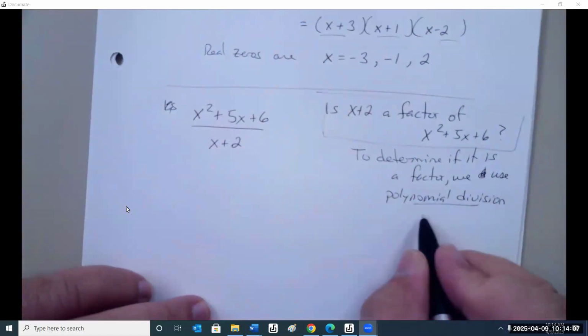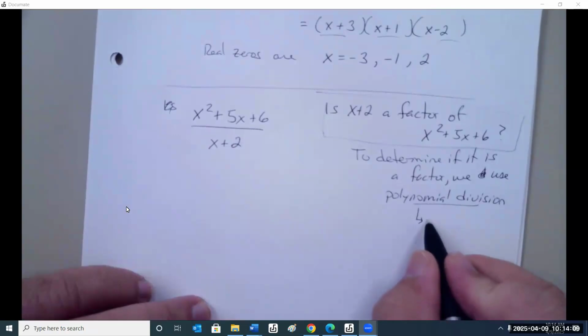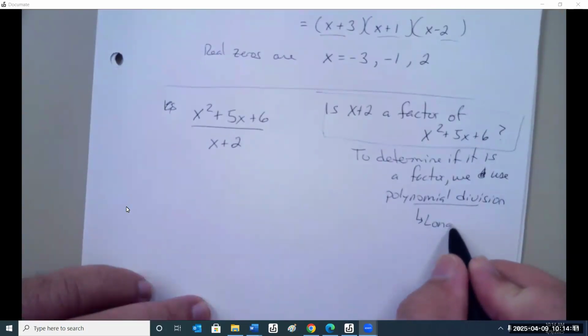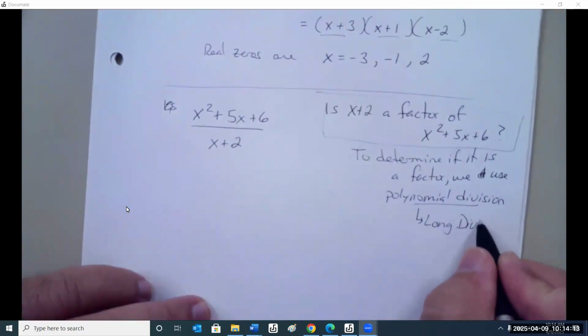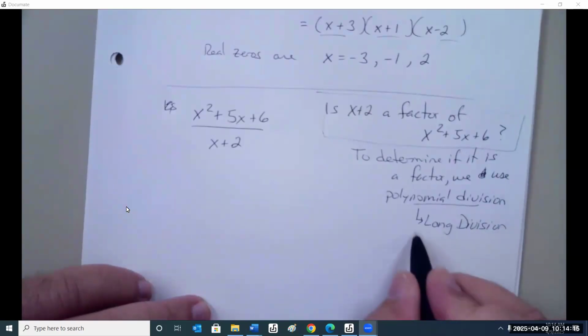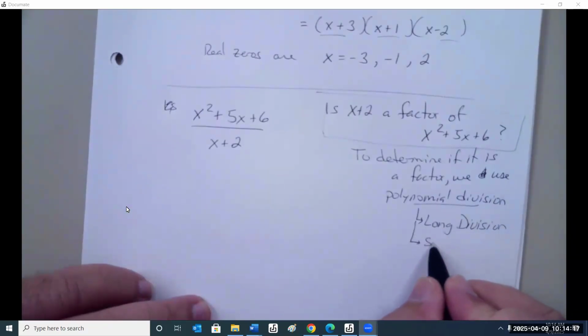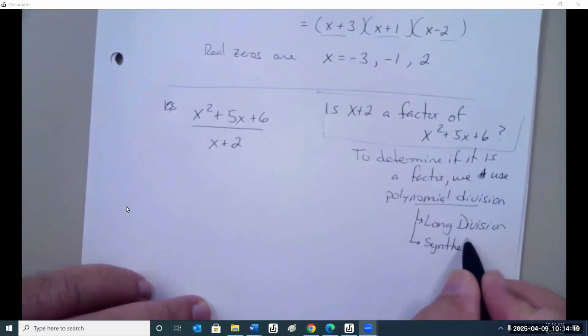In polynomial division, we have 2 types. We have long division, and then we have something called synthetic division.